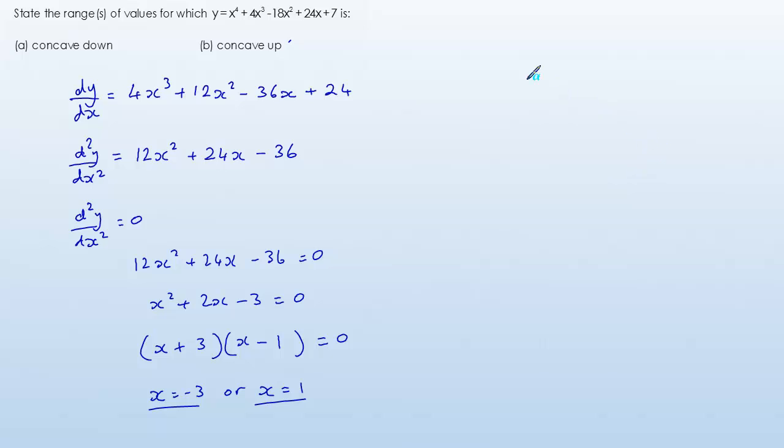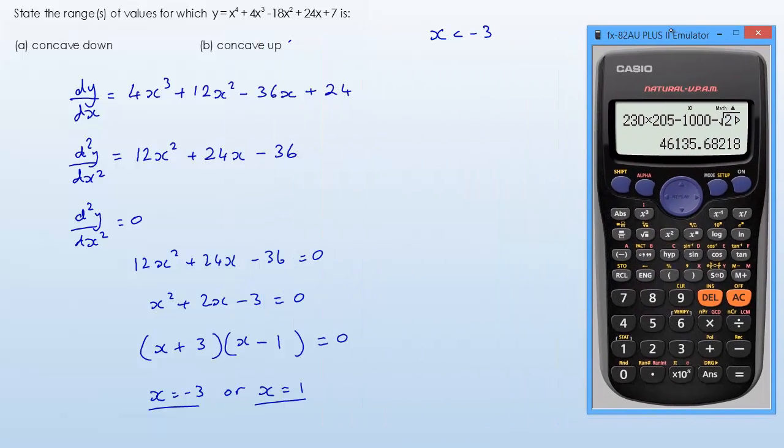So let's look at what happens if x is less than negative 3. So just choose a value such as negative 4, for example.